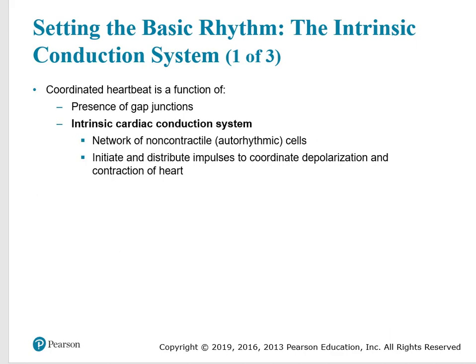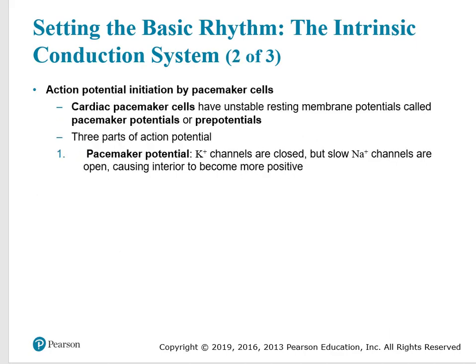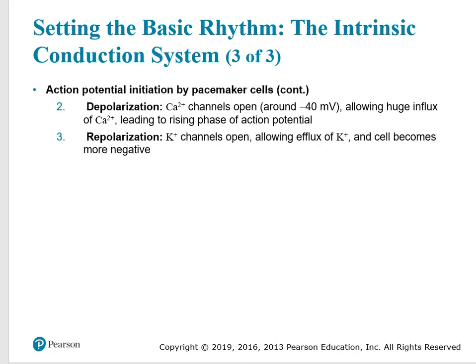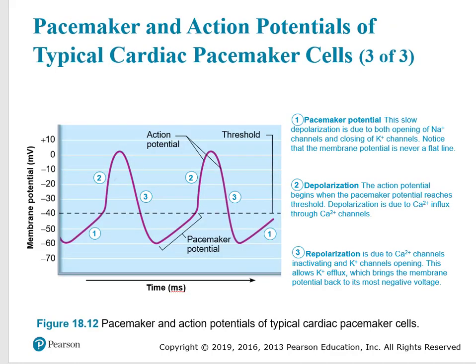So if you cut open the heart walls, you'll see this conduction system in between the regular contractile cardiac muscles. So, how do these non-contractile cardiac or pacemaker cells generate action potential?